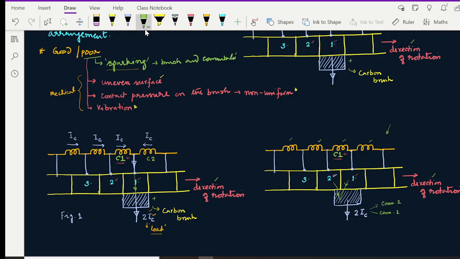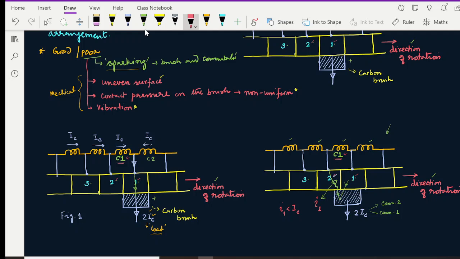Just for understanding, let us assume that the part of the current which is being supplied through commutator segment 2 is I1. It is not equal to IC. We can assume that the value of I1 is less than the value of current IC. So partly it is coming.